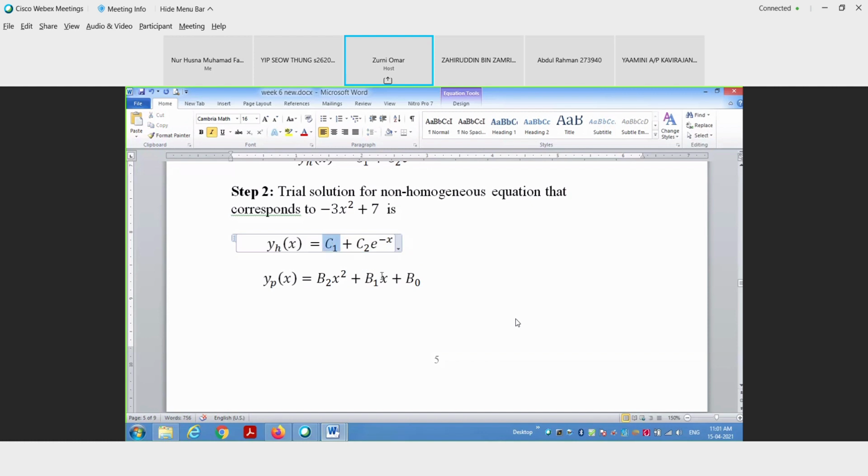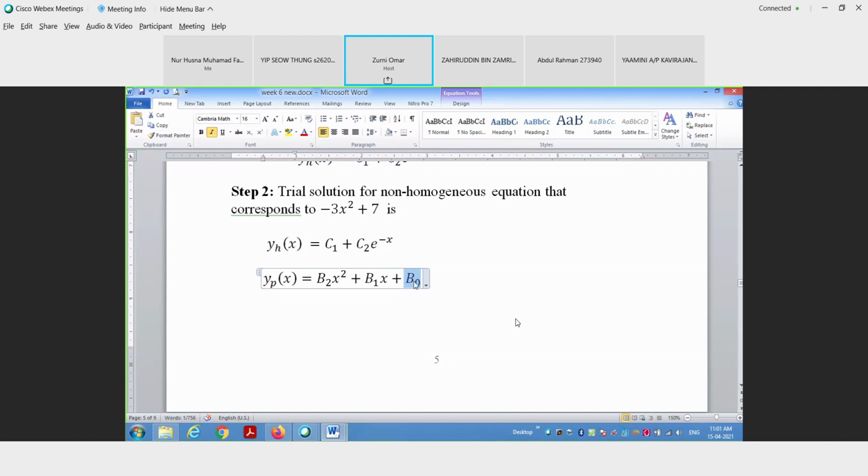This is constant, B0 constant. They have the same form. C1 in YH has the same form as B0 in YP, because they are both constant. Are you okay?